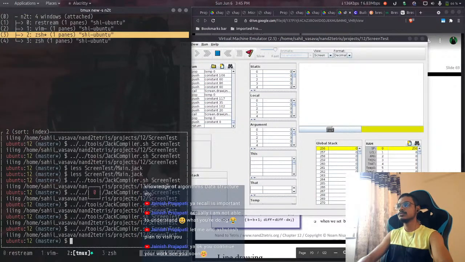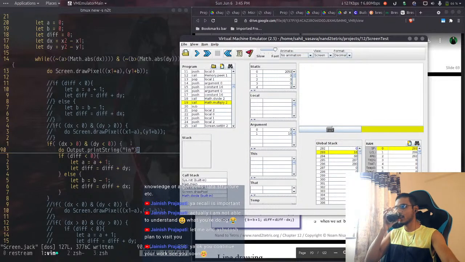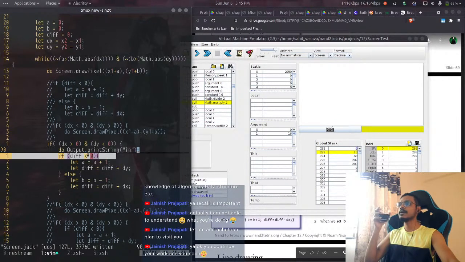Ooh, not printing. That means we are not getting inside this loop. Why? dx greater than 0 and dy less than 0. Yeah, it must be because of this condition.